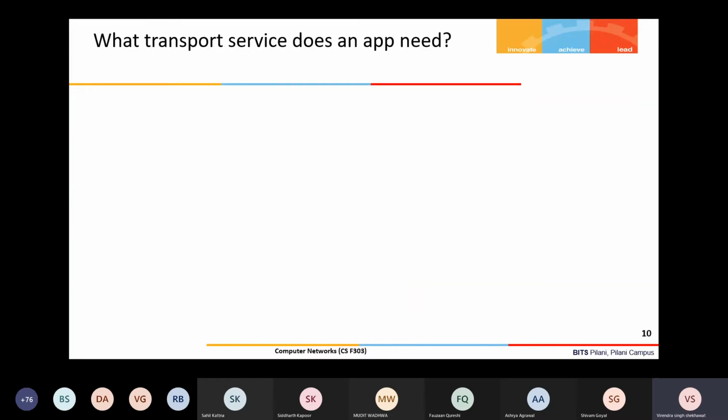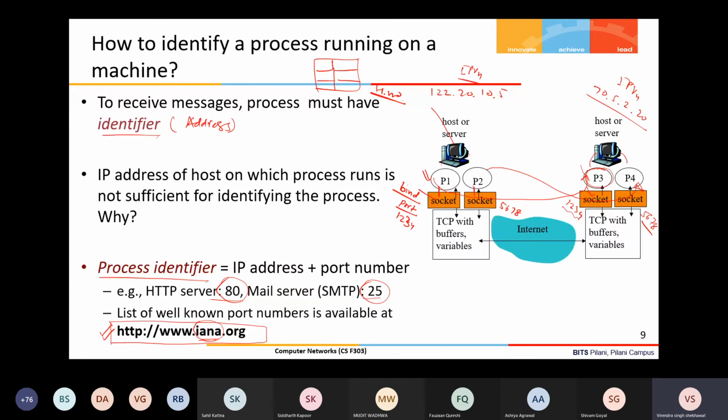Sir, I have a question. If an HTTP server has been assigned port 80, what if that server is running more than one process? Okay, I think you want to ask that more than one client is connecting to that server, right? The web process is running on a socket.